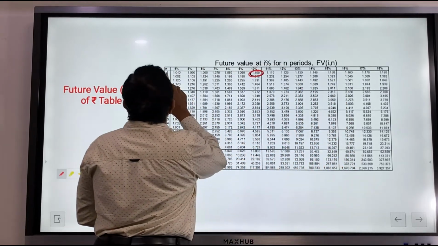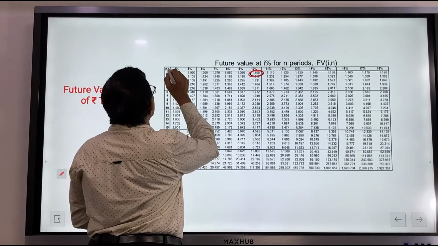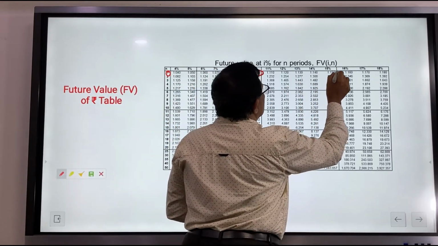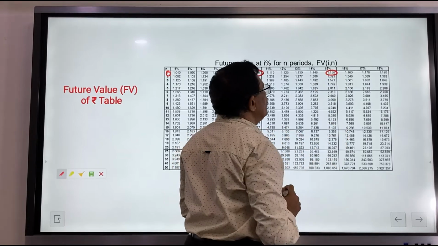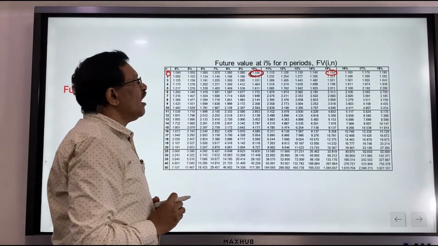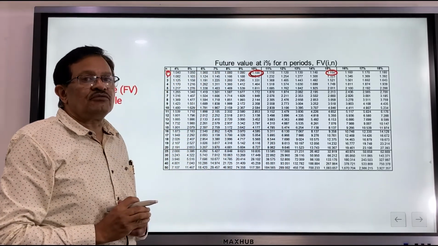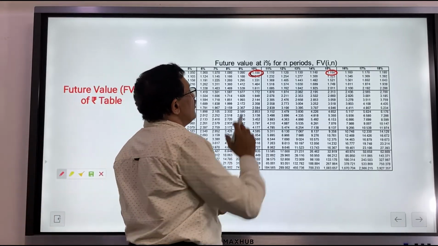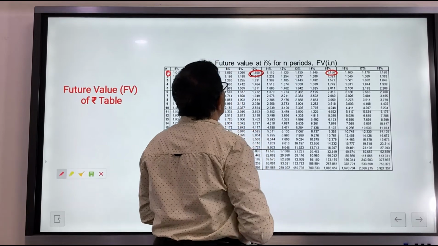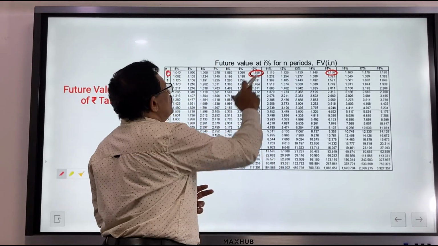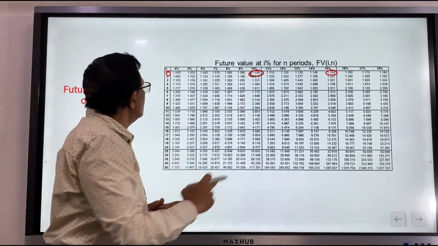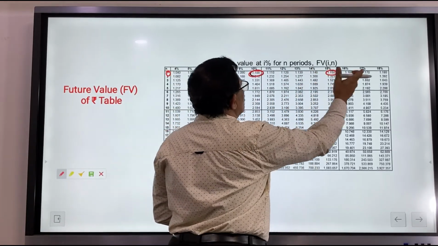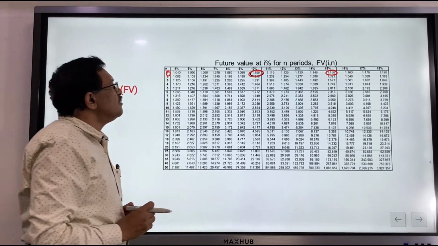We have to go from here, this is 1 year, then go to that interest rate and find out the total value for 1 rupee, the maturity value which you are going to get. If you invest 1 rupee at 10%, you get 1 rupee 10 paise. At 15%, you get 1.15, that is 1 rupee 15 paise.